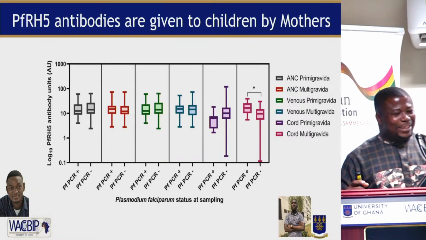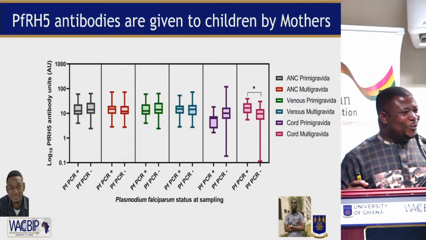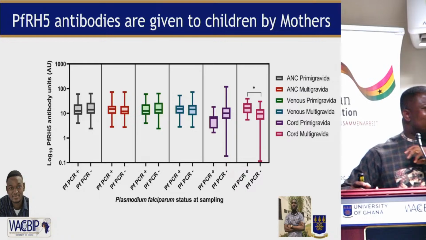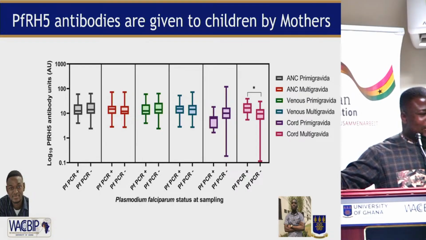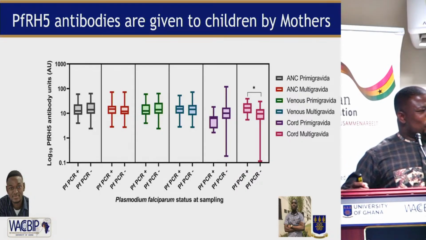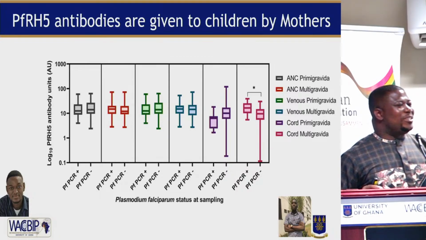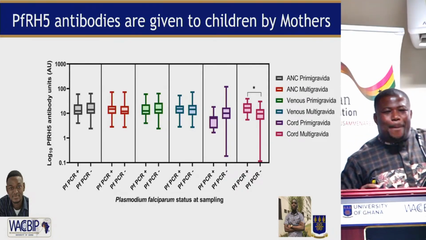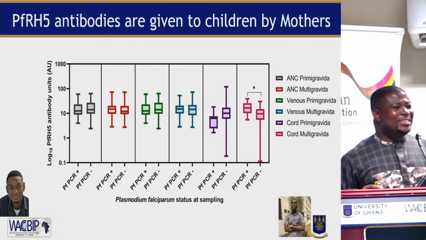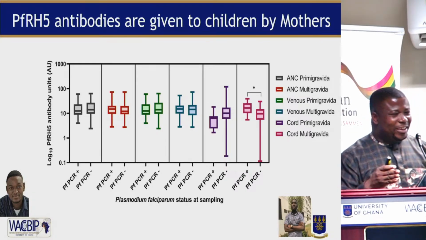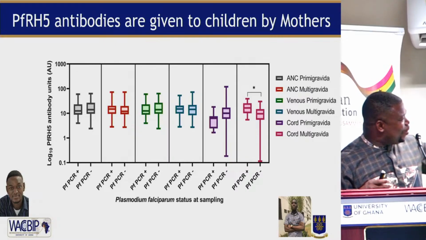So we collected samples from Kintampo, Accra, and Navrongo, and asked the simple question: what is the repertoire of antigens they see? So we got a number of antigens, then we used the criteria of their ability to be used as vaccine candidates. And that allows us to narrow down some of the candidates that I will now be presenting.